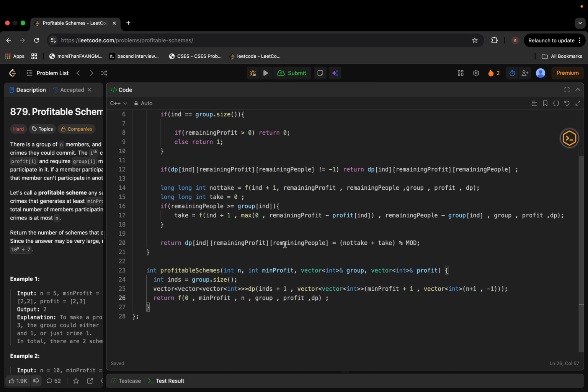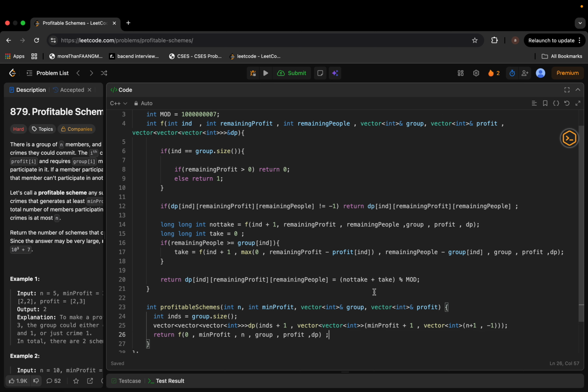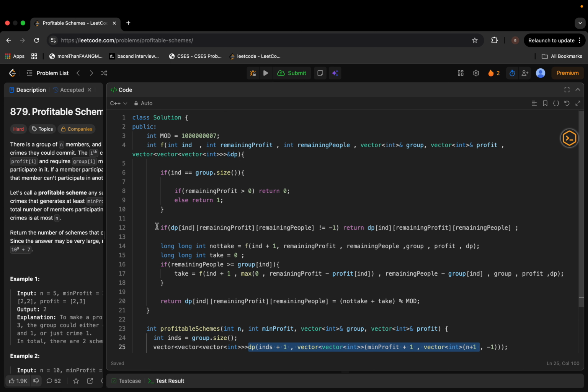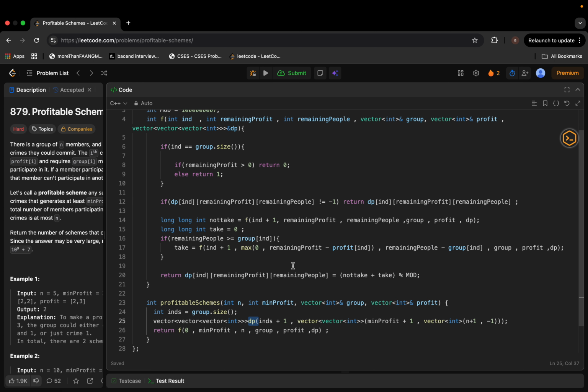Also, since we still have recursion inside, there will be stack space as well. Now let's talk about the time complexity. Since all these states will be visited only once, because we do have a check here, the order of the size of the dp vector will be our time complexity.